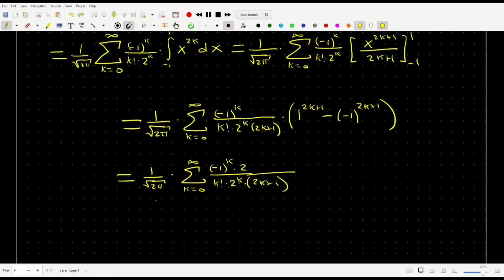And this is an infinite series expression for the integral from negative 1 to 1 of this function f of x.